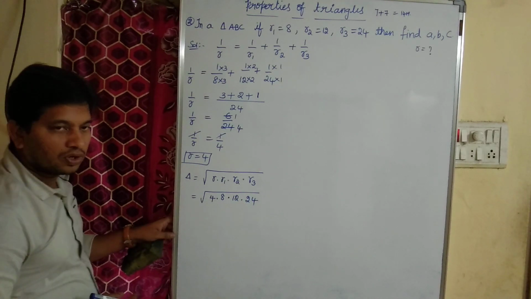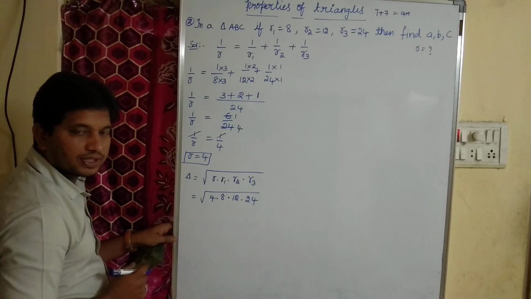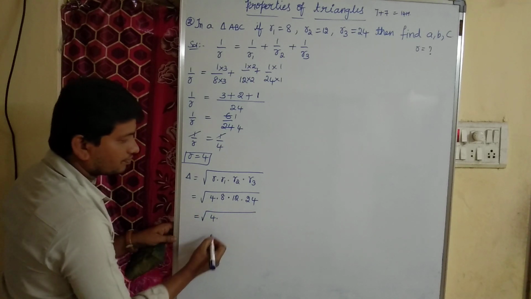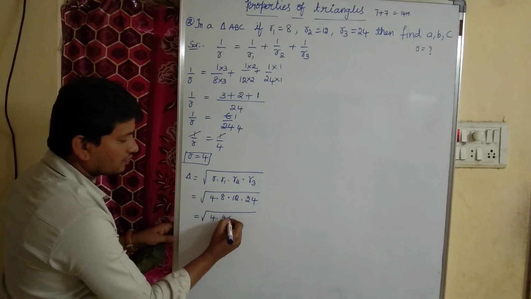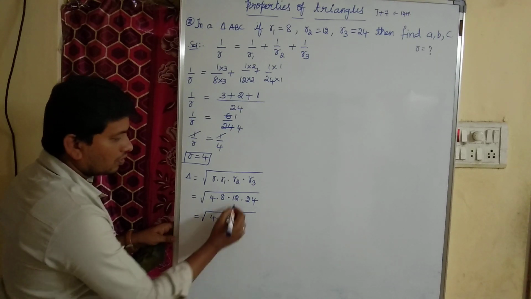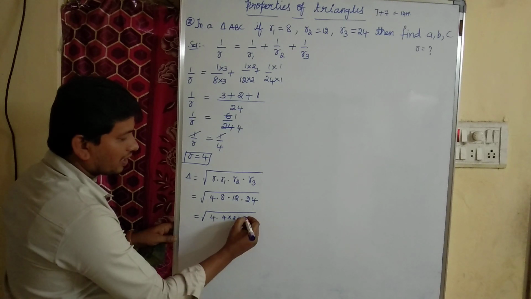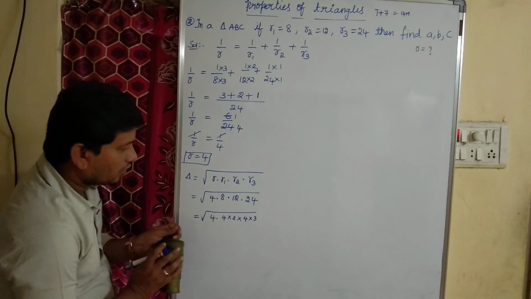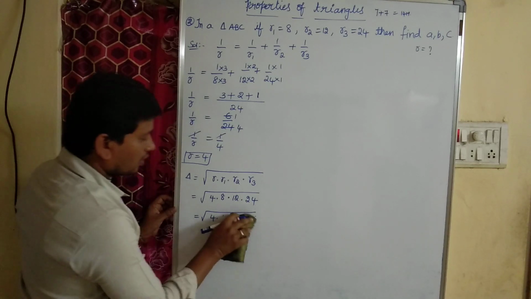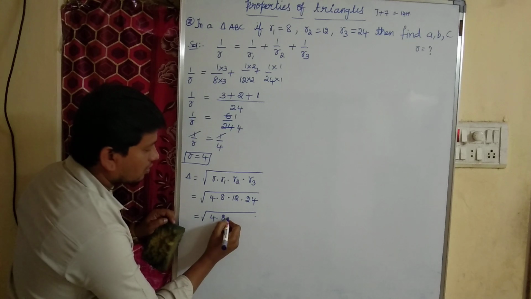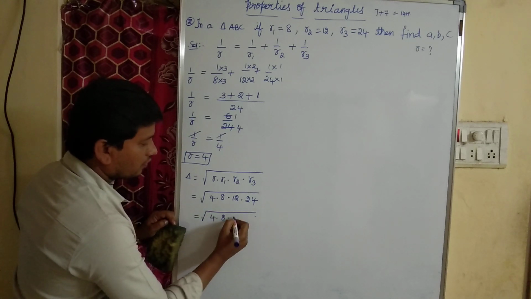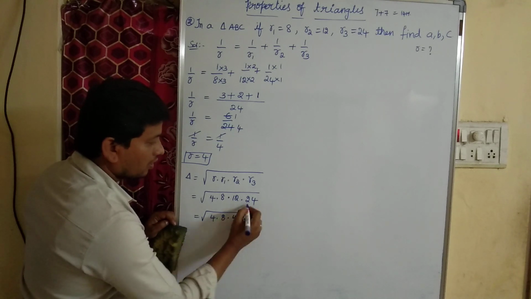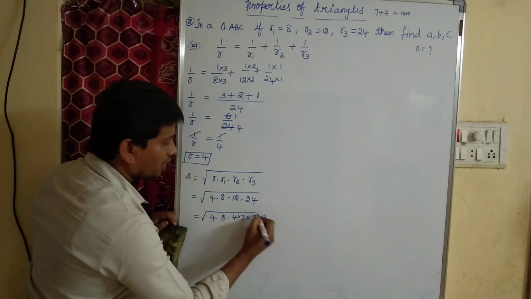Again, same. Under the root, we need to arrange it so that we get pairs of the same number. So 4, I will keep. 8, I will write as 4 into 2. 12, I will write as 4 into 3. Or else, 8, keep this; 12, let us write as 4 into 3; 24, let us write as 8 into 3.